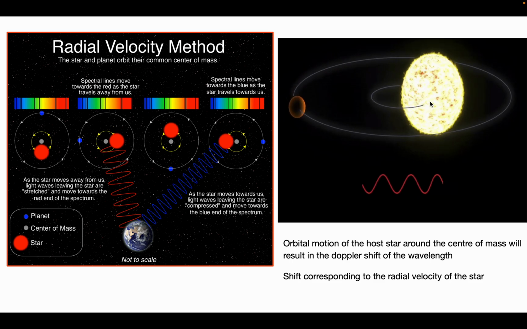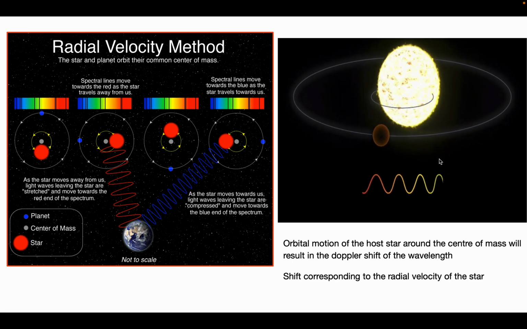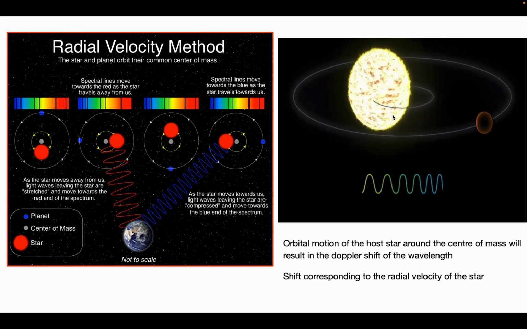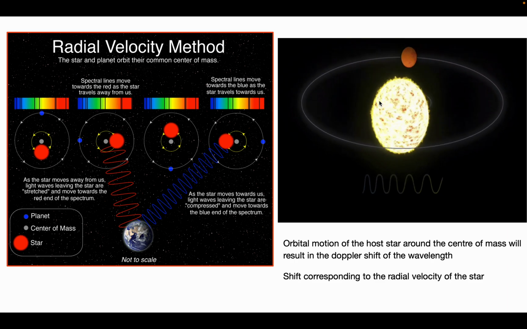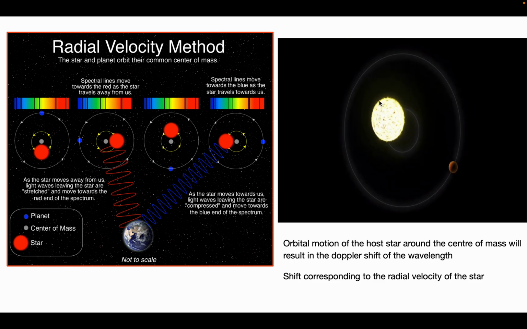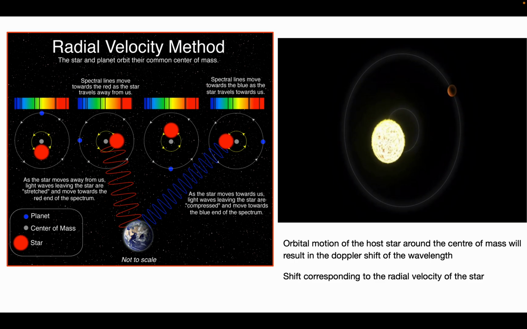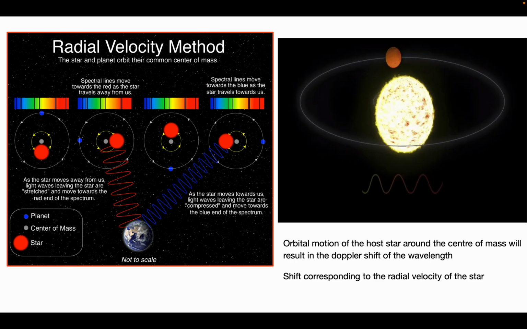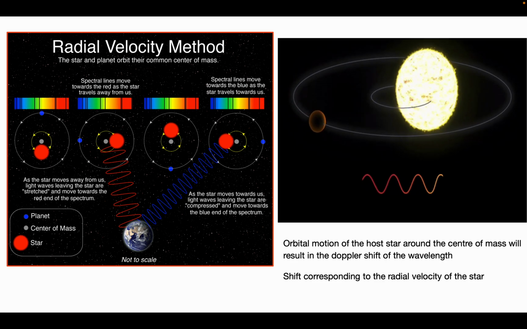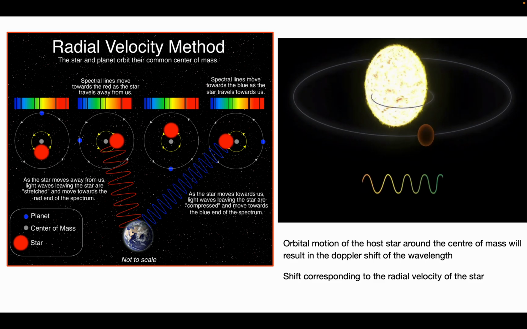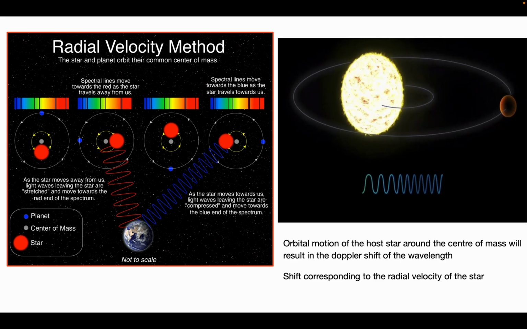As the star is moving away from you, you will see a redshift, and as it is coming closer to you, you will see a blueshift. If you can detect such redshift and blueshift in the starlight or stellar spectra, you can detect that there is some planet making the host star rotate.